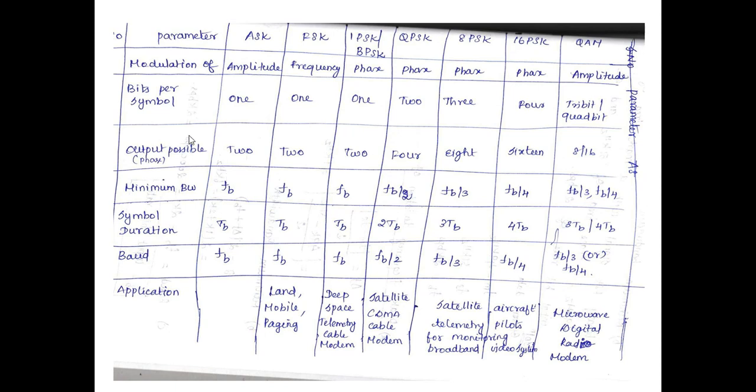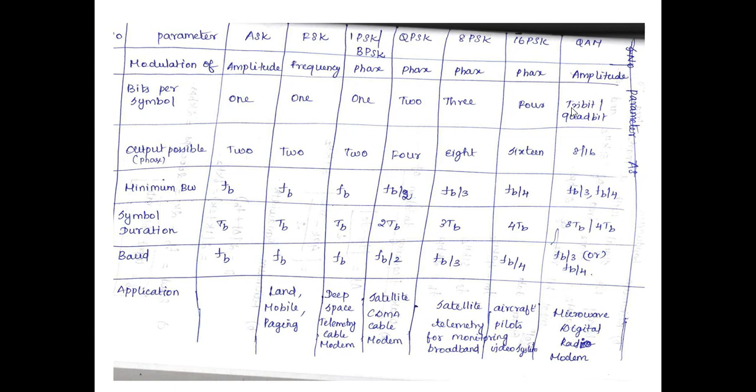If the parameter is modulation, then in ASK amplitude is modulated, in FSK frequency is modulated, in BPSK phase, QPSK phase, 8 PSK phase, 16 PSK phase, and QAM is amplitude and phase also. The main measure is amplitude, and bits per symbol is 1, 1, 1, 2, 3, and in 16 PSK 4.